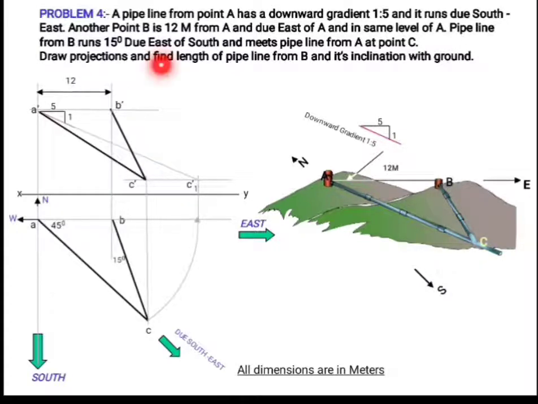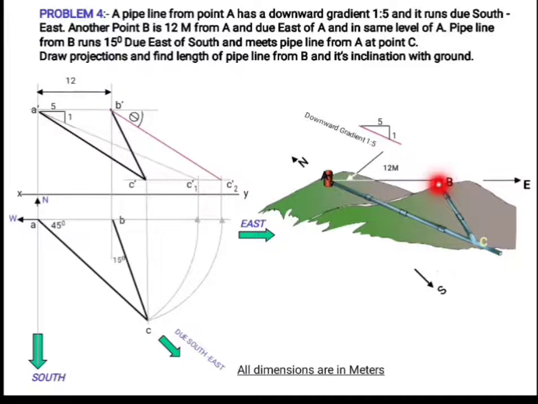Here we are asked to find the length of the pipeline from B and its inclination with the ground. The length of the pipeline B to C is the required answer. For that I have to rotate this BC, that is rotate this point C with respect to B, and then project it in the upward direction to get the intersecting point C2 dash.